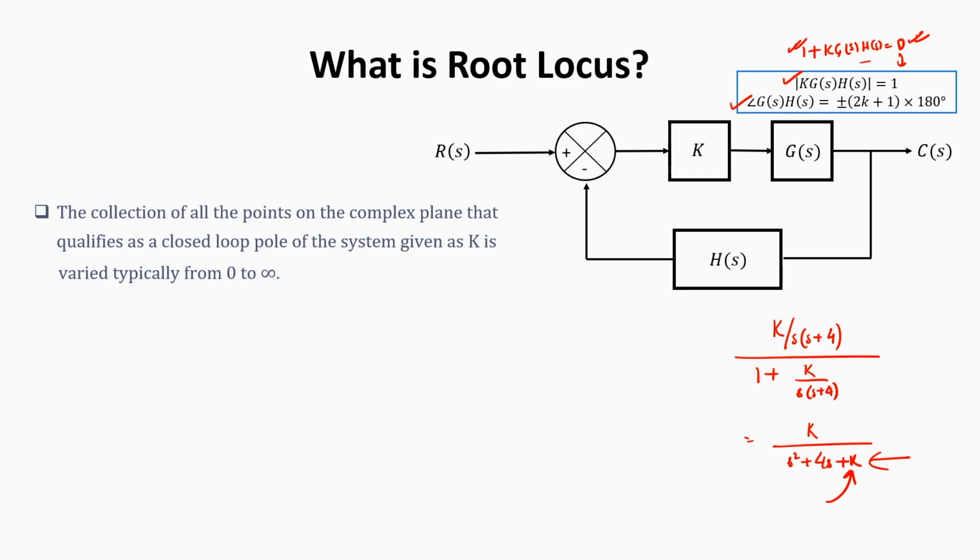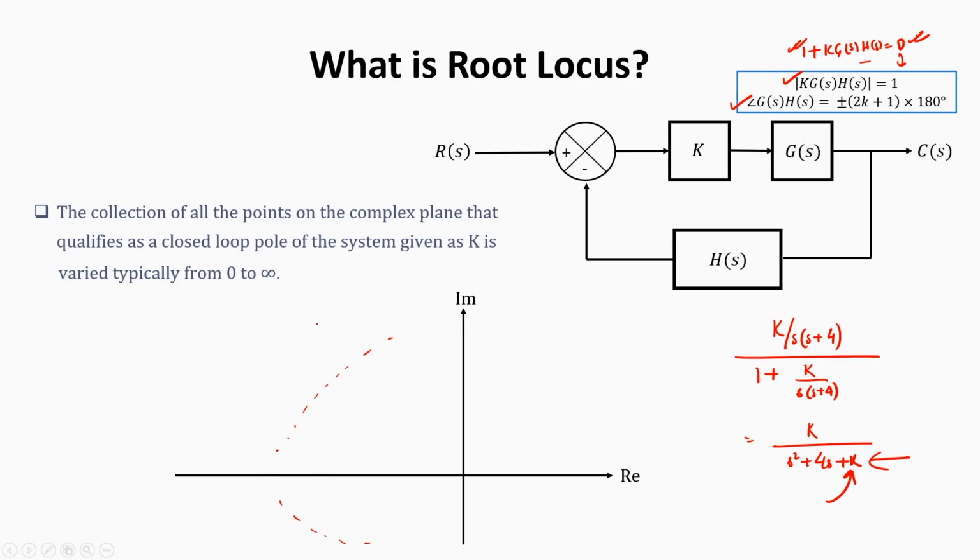And you should also understand that when I say root locus, it is a plot on the complex plane, where I will collect all the closed loop poles and plot them. That is what root locus is all about.